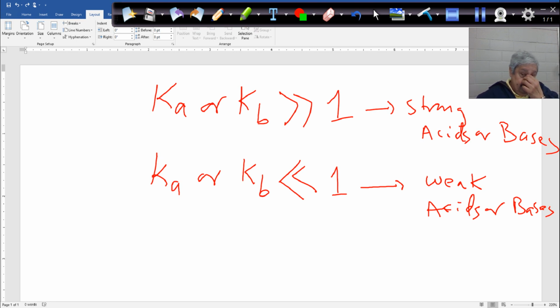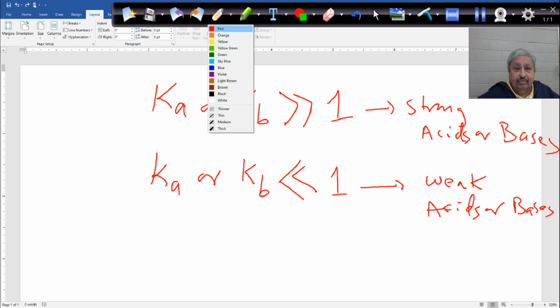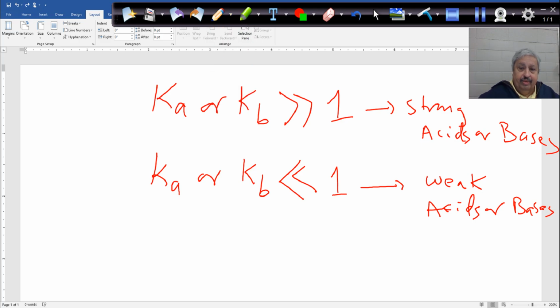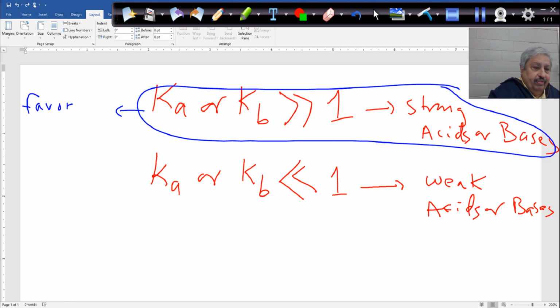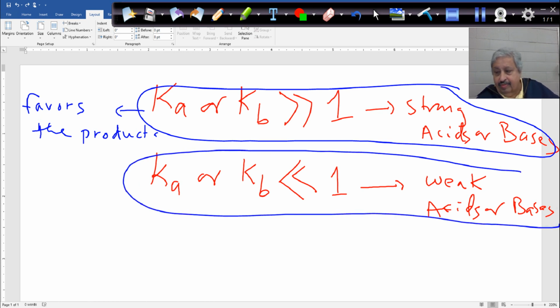So a strong acid or base is recognized this way: Ka or Kb greater than 1 favors the product side. And this one, less than 1, favors the reactants.